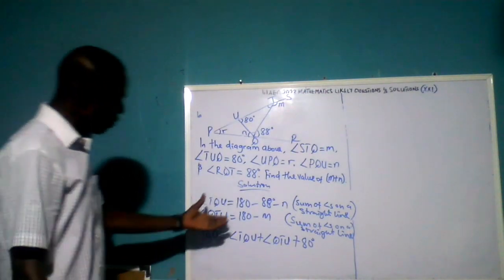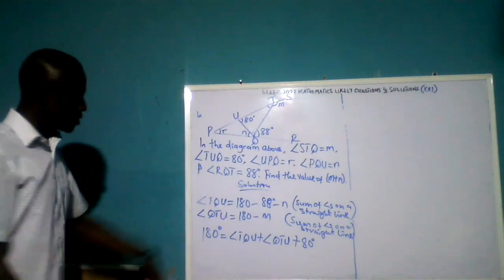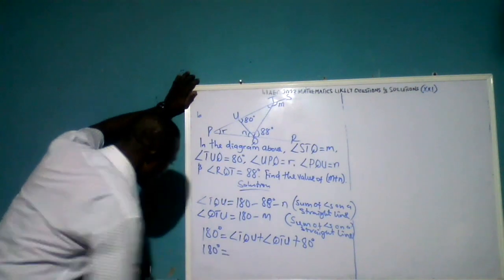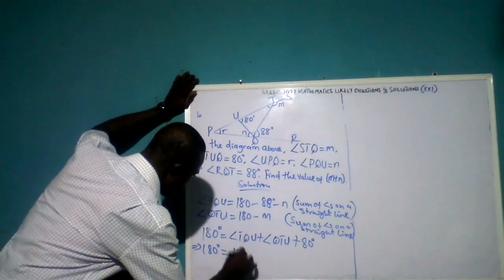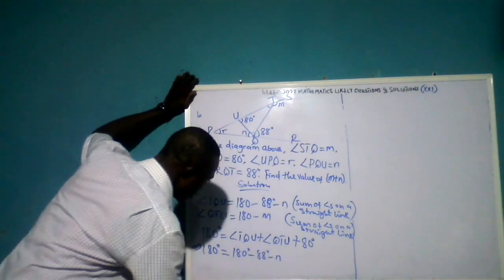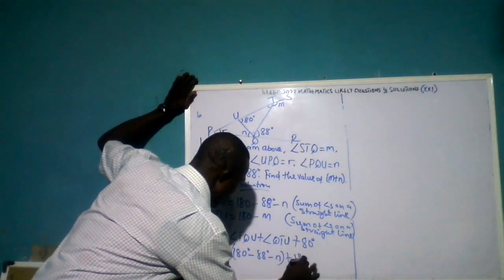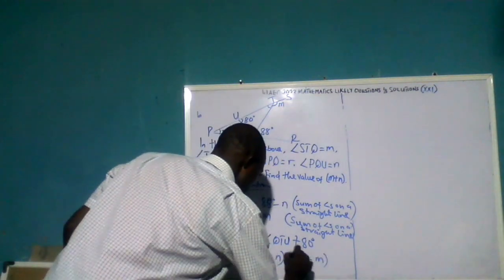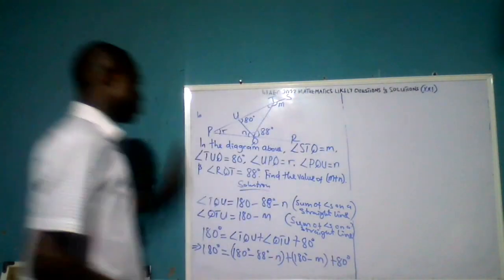And since we have found the values for these two angles, let's insert the values. So 180 degrees equals 180 degrees minus 88 degrees minus n, in brackets, plus 180 degrees minus m, also in brackets, plus 80 degrees.